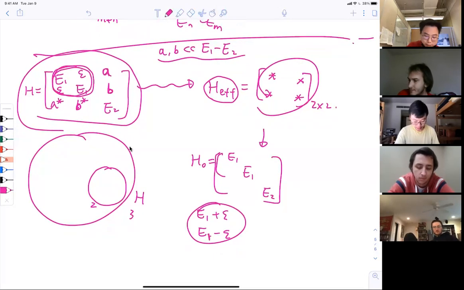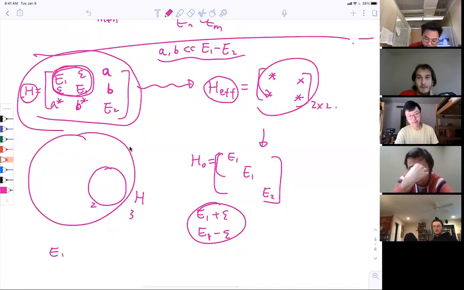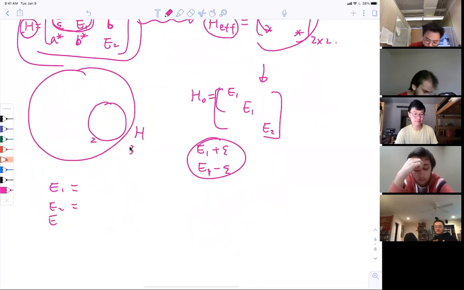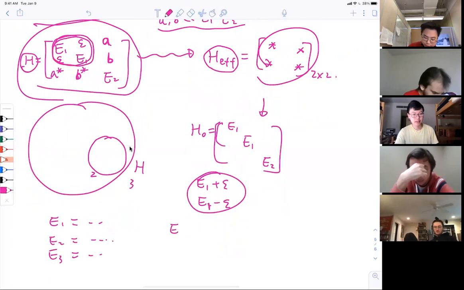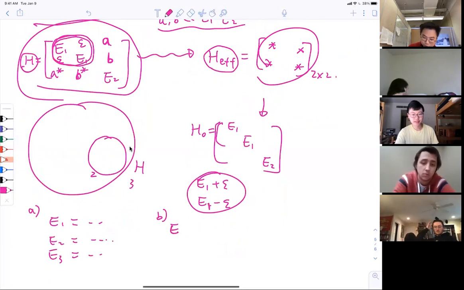First, you diagonalize this Hamiltonian directly without any perturbation, then you get the direct E1, E2, E3. It's the exact answer. Now this is part A. Part B asks you to do a kind of perturbation.